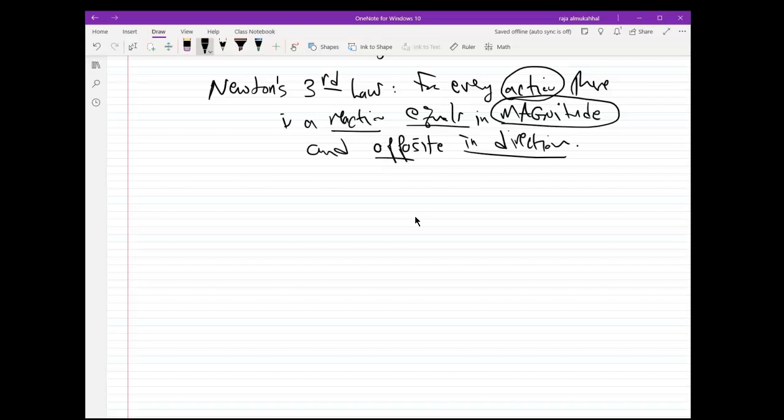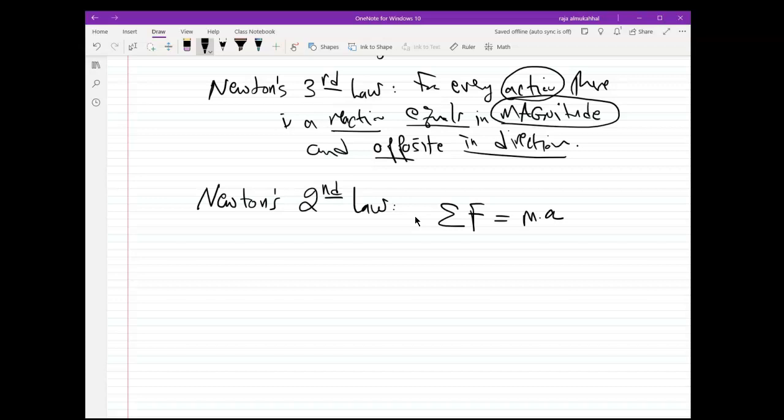And then the last law is Newton's second law, which is the mathematical law. And it basically says that the sum of the forces on an object gives it what we call a kinetic reaction, MA.